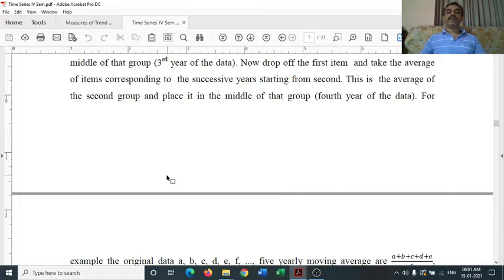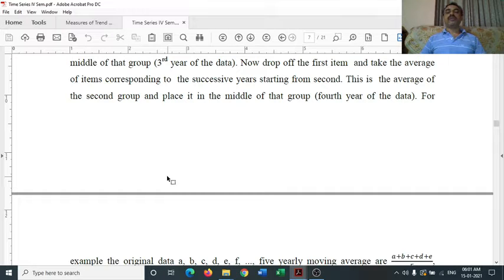Therefore, the moving average has to be placed at this middle of that bunch. Thus, all the moving averages have to correspond to the middle year of that bunch. And this is possible if the periodicity is an odd number.